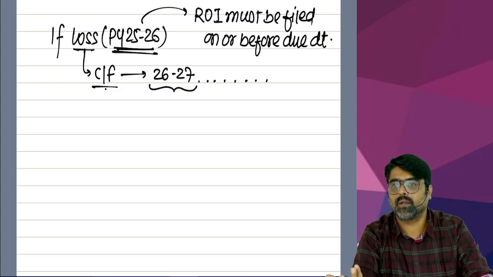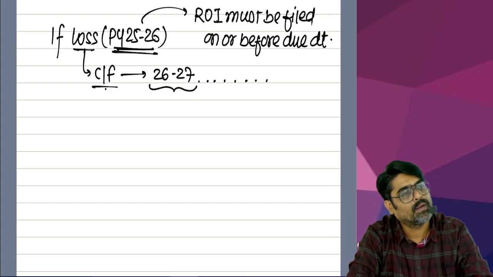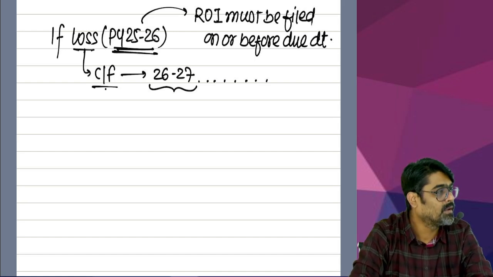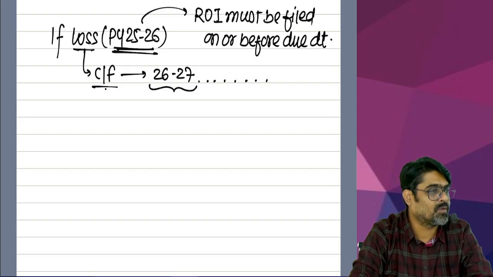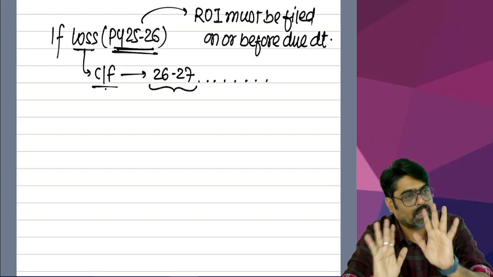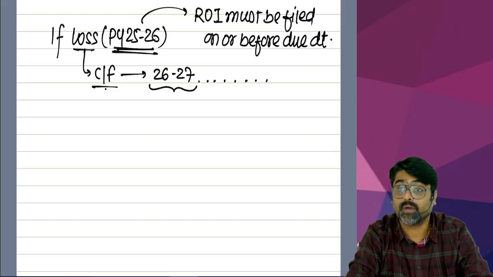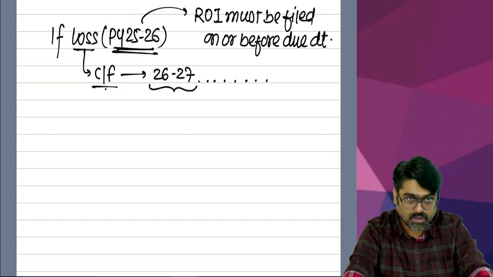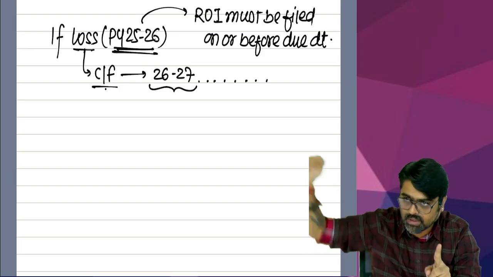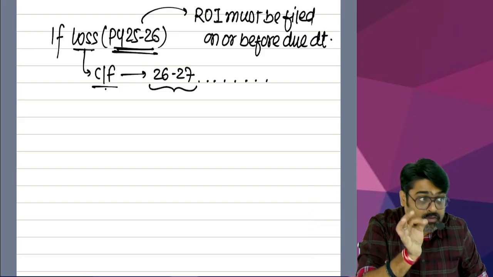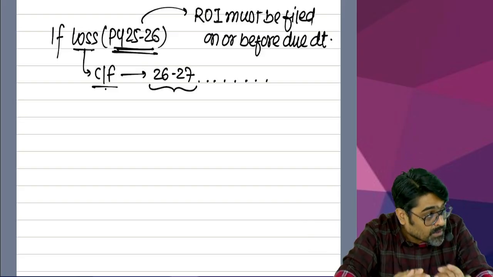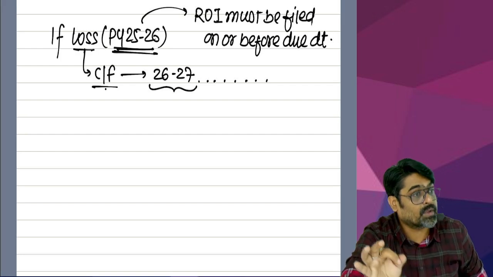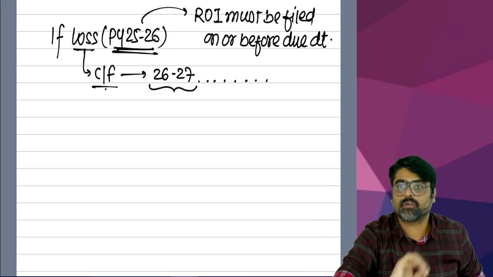But what if you have not filed the loss return on or before the due date of filing ROI? Then section 80 will come in the picture. And section 80 says those losses will not be allowed for carry forward. Carry forward will not happen only because the return is not filed on or before the due date. So if you want to carry forward these losses to the subsequent years, you have to make sure that this loss which you are showing in a loss return must be filed on or before the due date of filing ROI of this year.